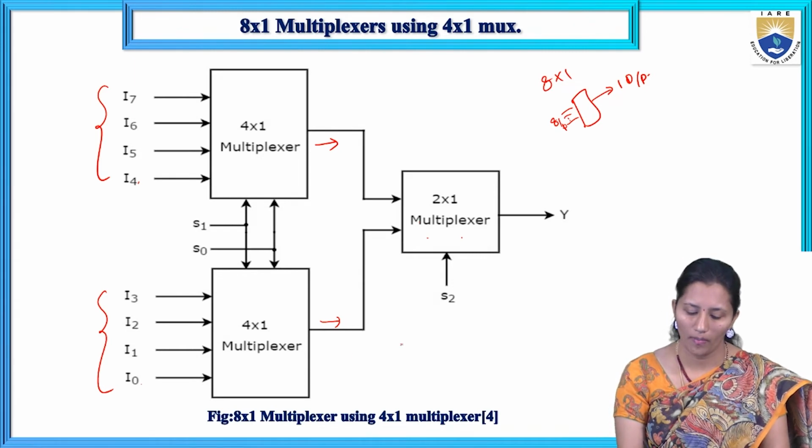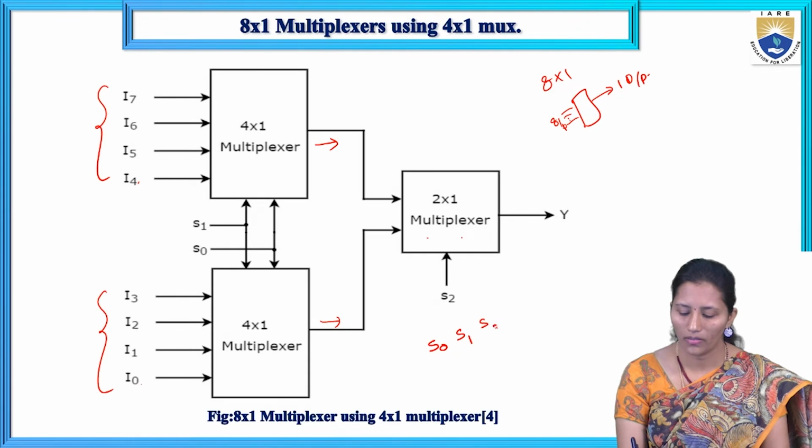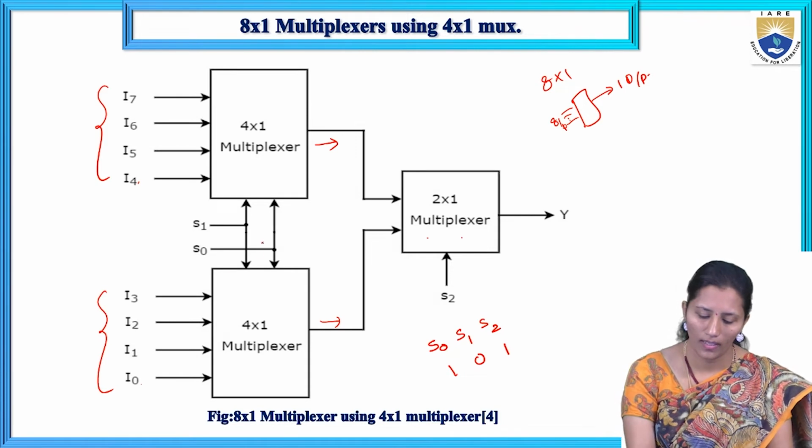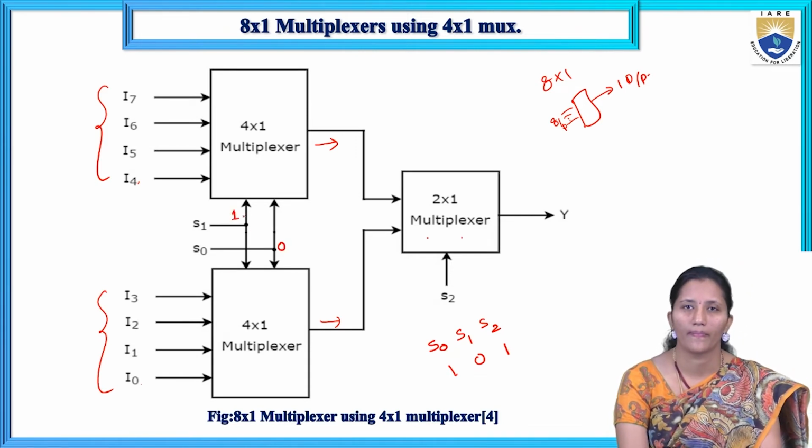For example, we take S0, S1 and S2 as 1 0 1. Here S0 is 0, S1 is 1.